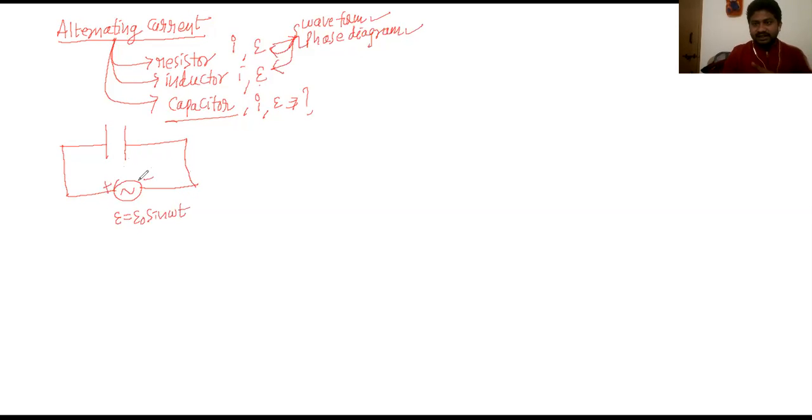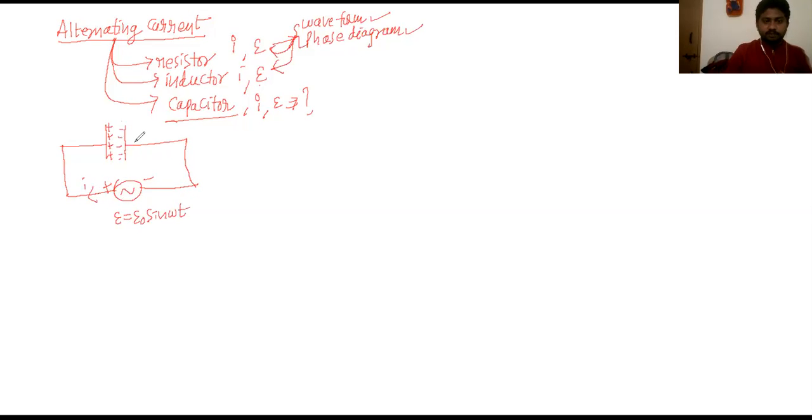At this particular instant, my dear children, slowly, as the current passes through the circuit, the positive charges accumulate at this plate of the capacitor. Obviously, the negative charges accumulate at the plate connected to the negative end of the source.